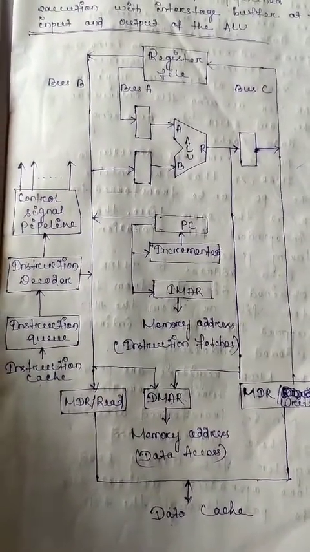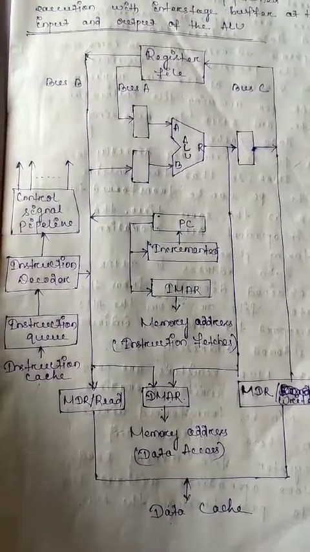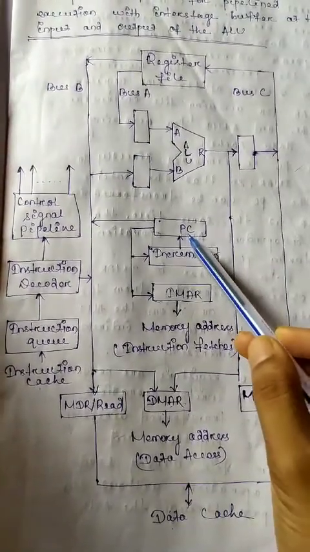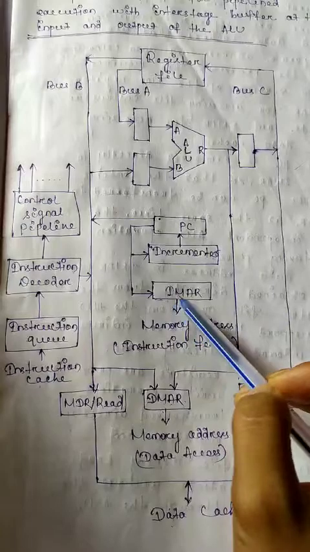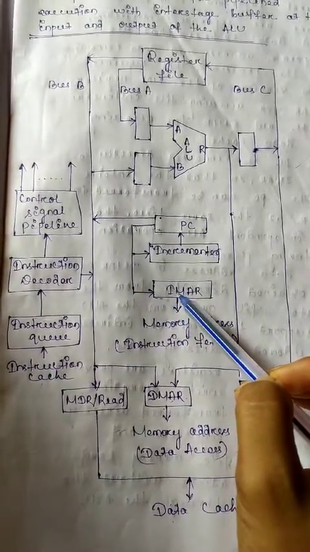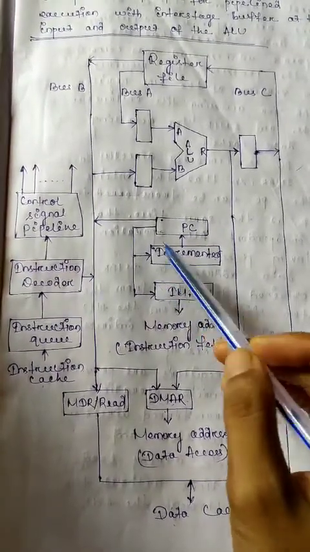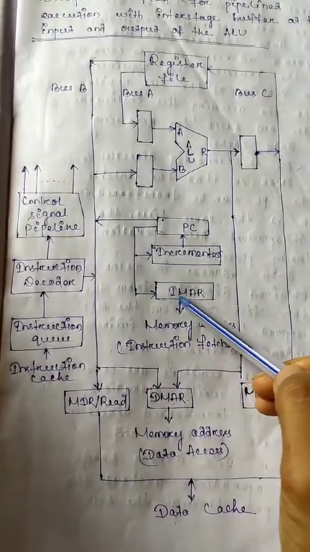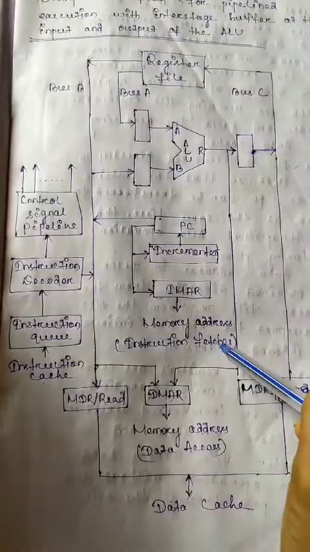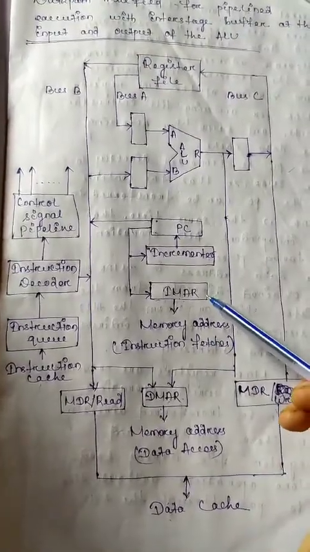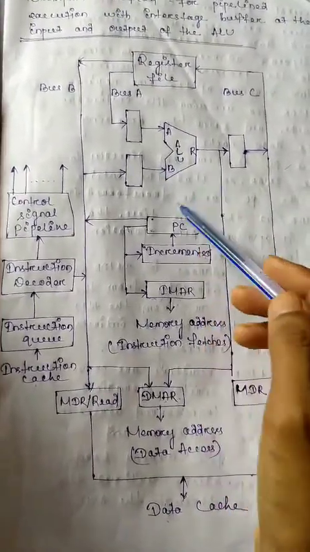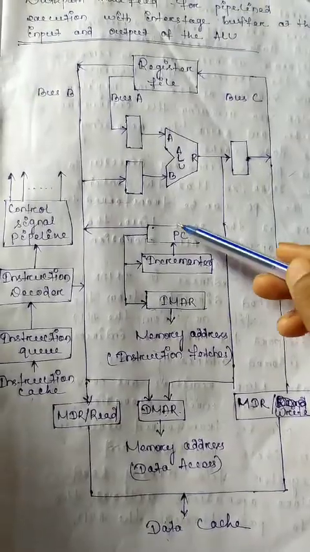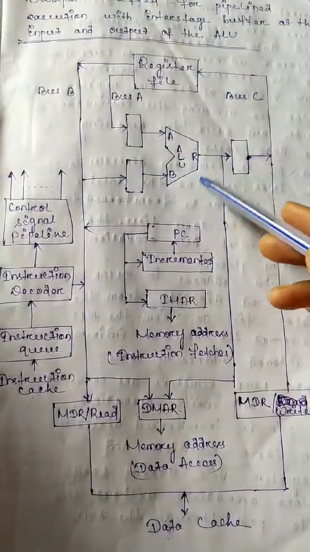The second modification is that the PC is connected directly to the IMAR, so that the content of the PC can be transferred to the instruction memory address register for instruction fetch, while at the same time an independent ALU operation can proceed. That means the PC is not controlling the ALU operation.